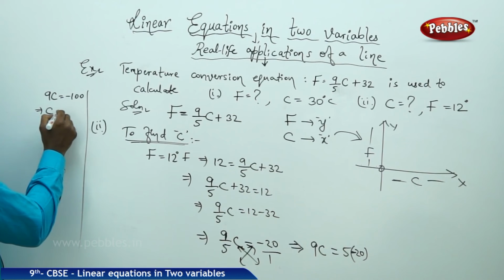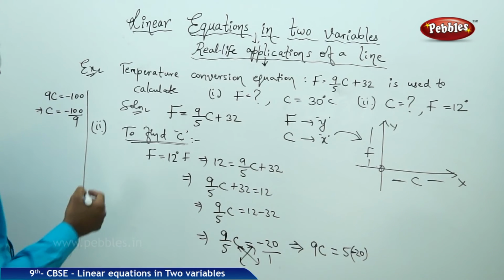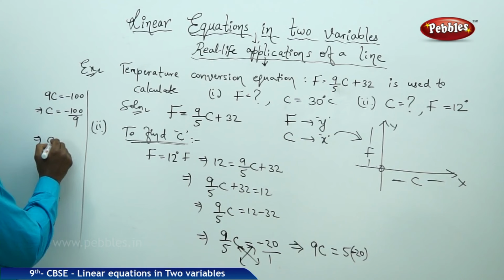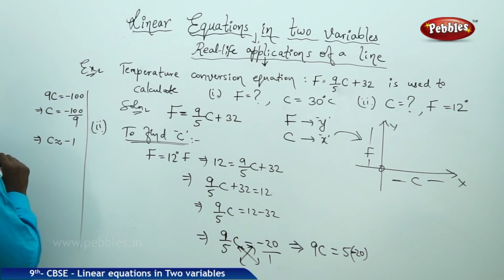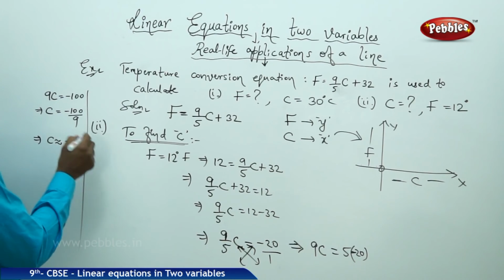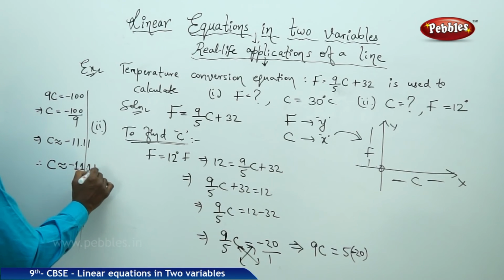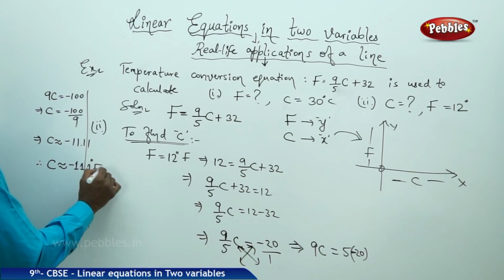That implies C is negative 100 by 9, which approximately converts to minus 11.1. So approximately C is negative 11.1 degrees.